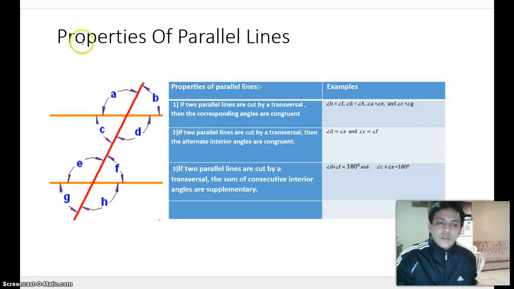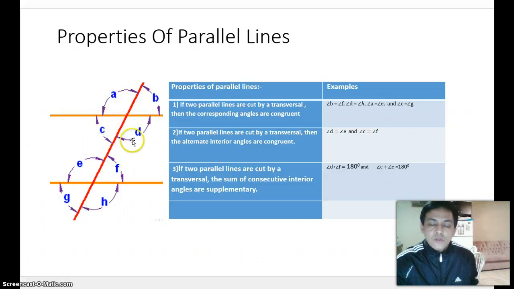So let's come to the point. These are the properties of parallel lines. These two lines L and M are parallel lines, and there are three conditions. The first one: if two lines are cut by a transversal, then the corresponding angles should be equal, or congruent.